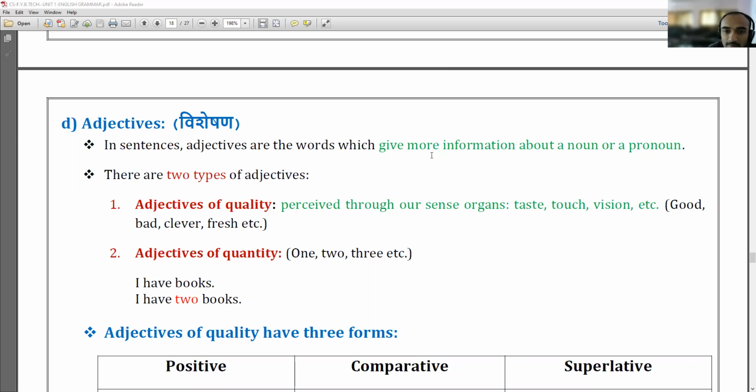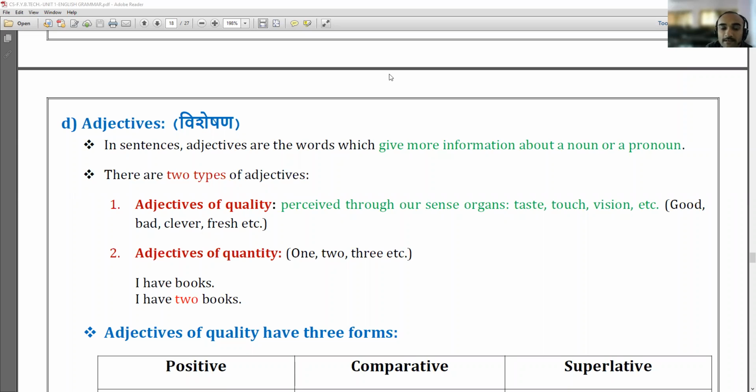Keep in mind. I will repeat that definition once again: adjective of quality is perceived through our sense organs, that is taste, touch, vision, etc. So whatever sense organs we have, we can easily identify or give information about that person, place or thing with these sense organs.